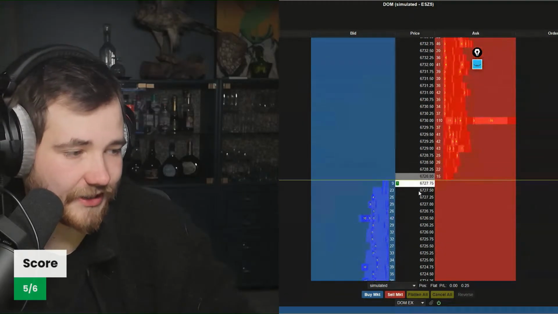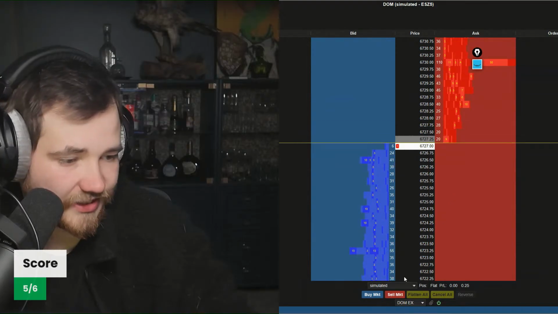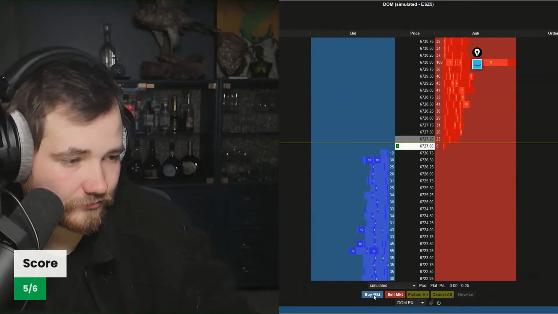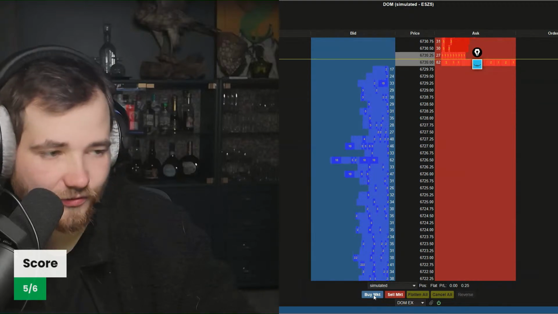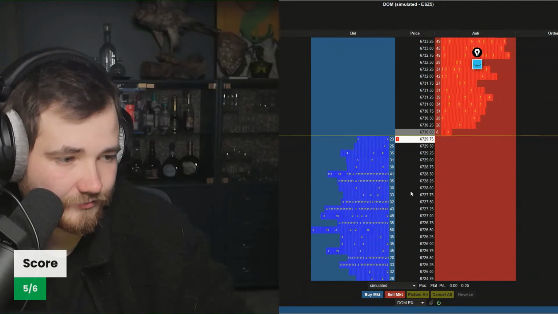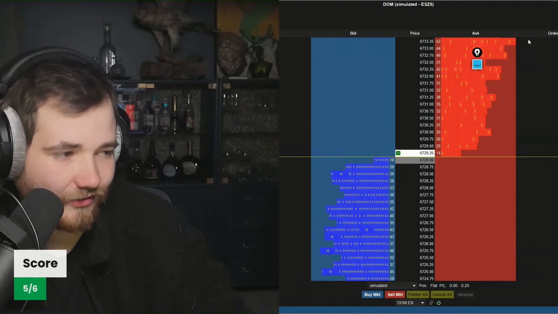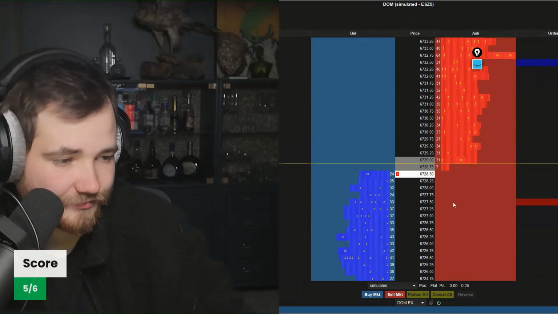Alright, there we get a snap. Let's see if it gets defended here at 26. 26. It already went without us. Snap again. This is where people are really selling hard at these areas.